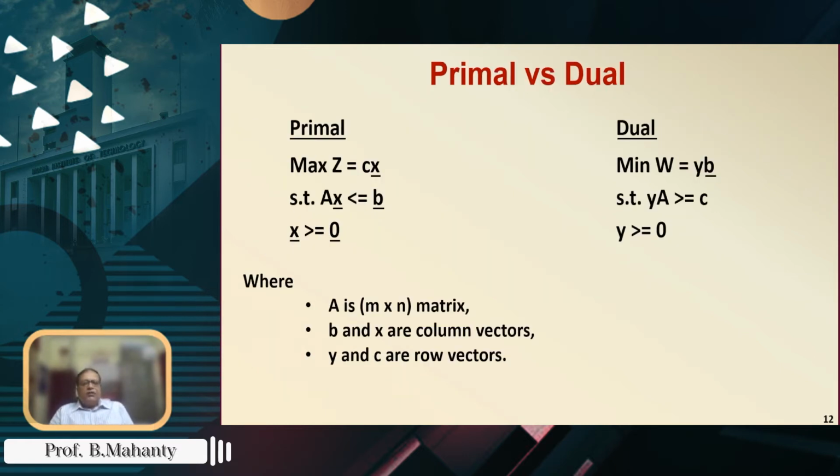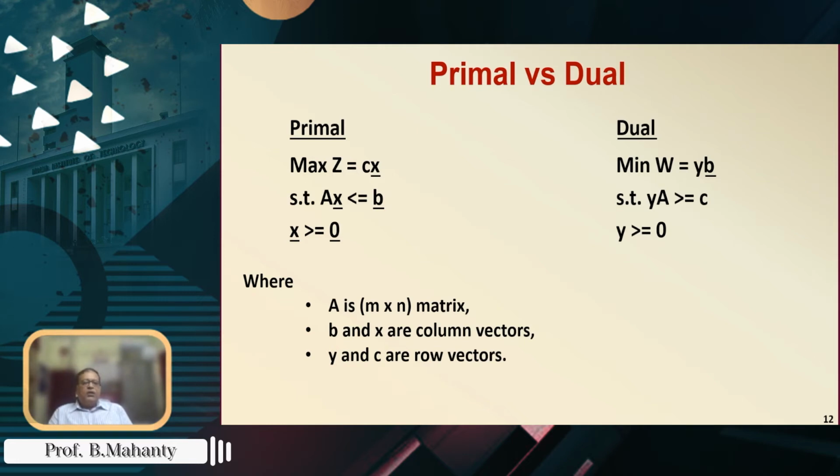And therefore, in generalized terms, we can say that if the primal problem is maximize z equal to cx subject to Ax less than equal to b and x greater than equal to 0, then the dual problem would be minimize w equal to yb subject to yA greater than equal to c and y greater than equal to 0. Where A is an m by n matrix, b and x are column vectors and y and c are row vectors. So this is in a vector form.